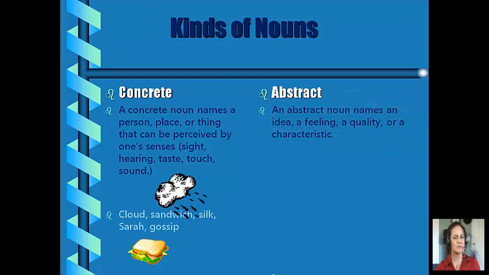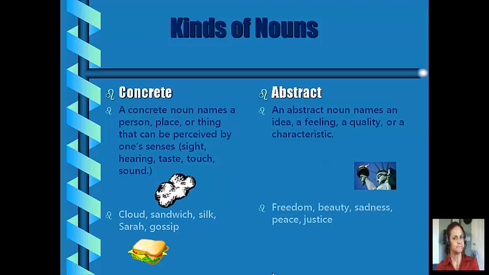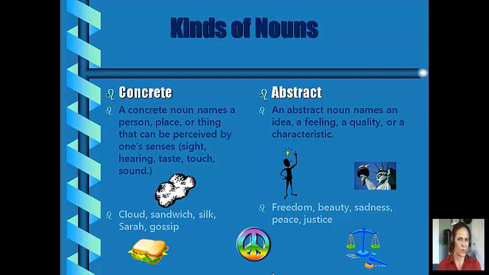Nouns that would be representative of abstract are freedom, beauty, sadness, it's an emotion, peace, it's a quality, justice, it's a concept. So those things are abstract. In your work in Canvas and then again on Monday, you're going to be asked to identify and label whether a noun is concrete or abstract.